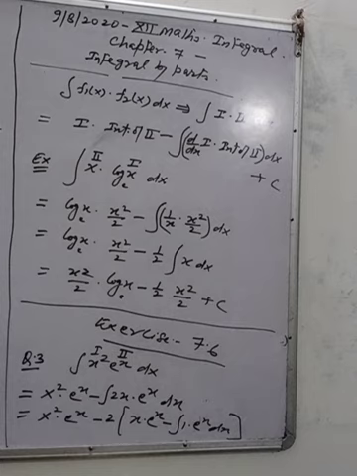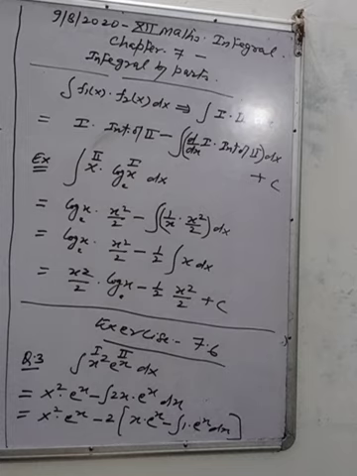Now in the product of two functions, you should remember some important points when you integrate. First point is, in a product of two functions, the function which can be easily integrated, or whose integral is known, is taken as second function.